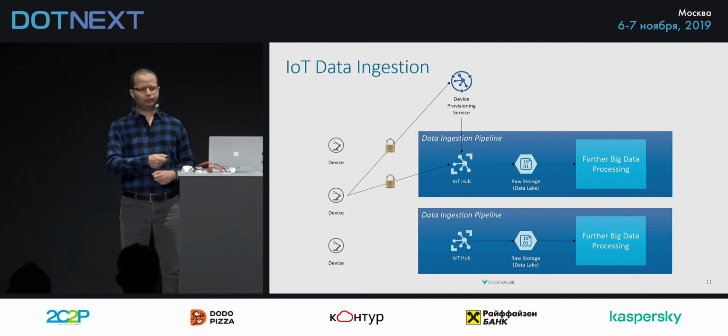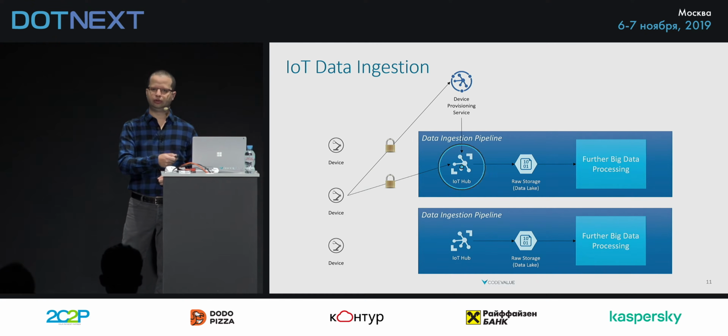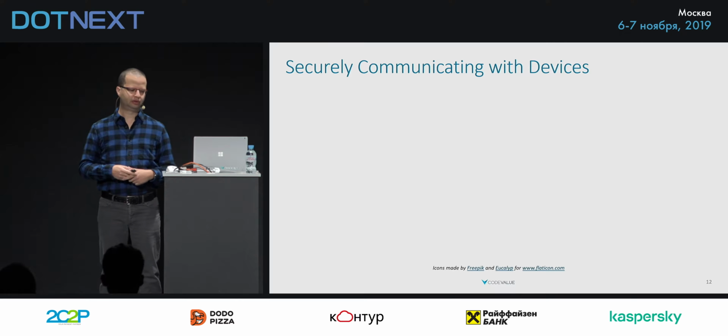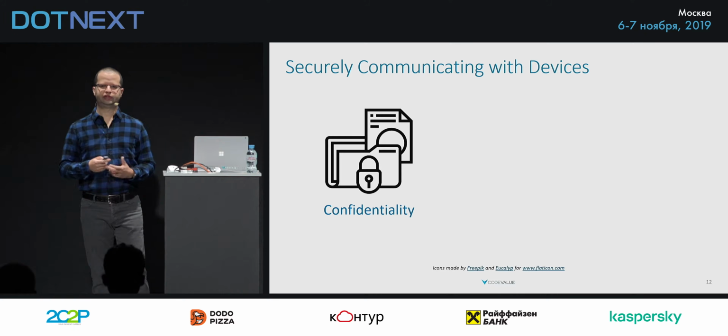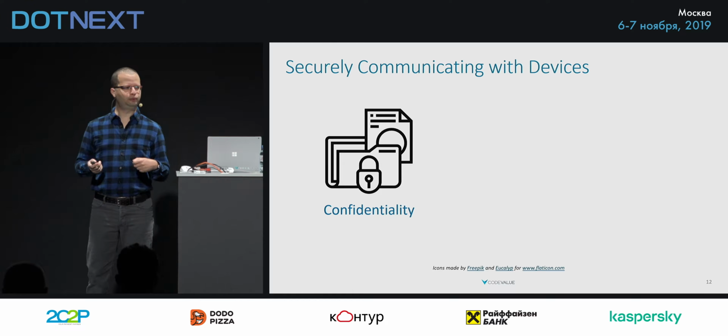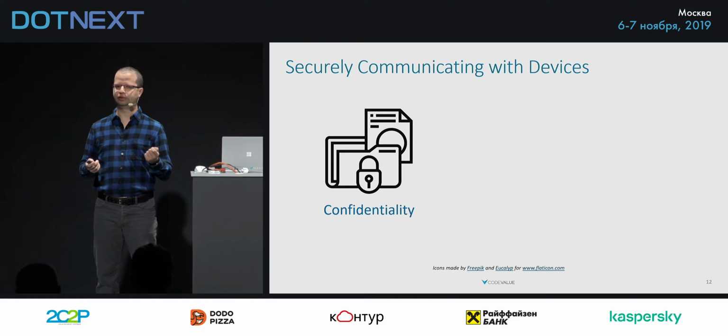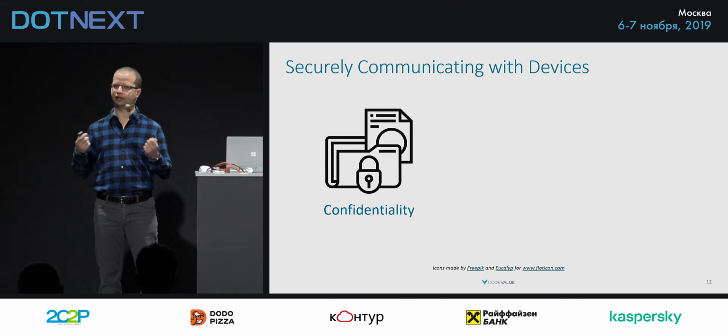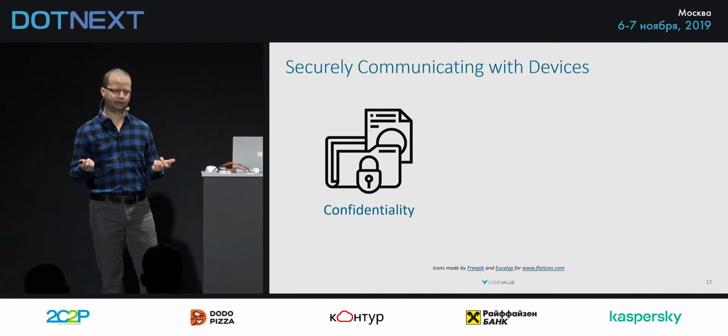Now, when we talk about securing the communication channel of the devices, we want to achieve 3 main goals. We want to achieve confidentiality, meaning that if we send a piece of data from the device to the cloud, we want to know that no one else is able to see it or able to access it. We need to encrypt it in some way.